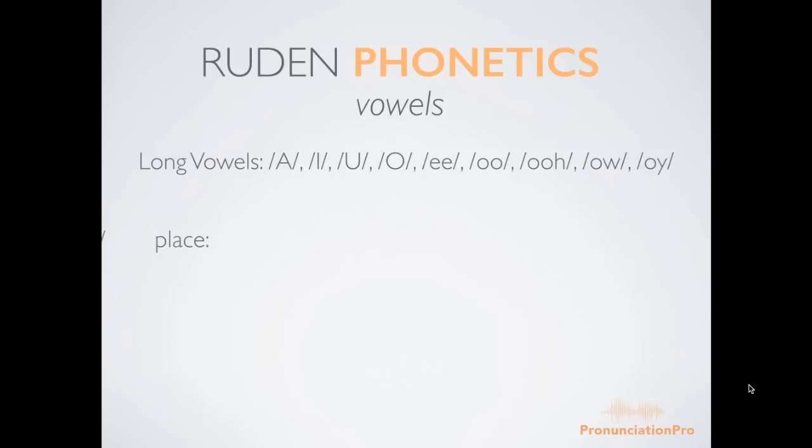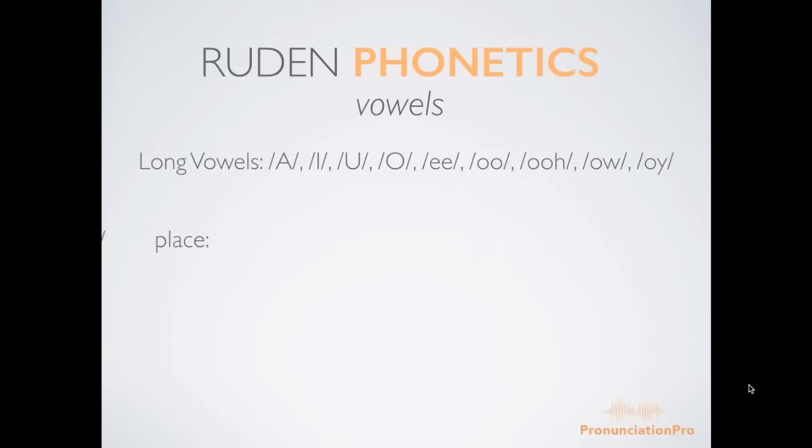I'm going to say a word in English, and I want you to identify what the vowel sound is. So for example, this first one, place. What vowel sound are you hearing? Use the key above to identify which of these vowels is there.